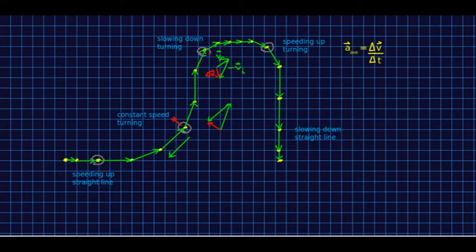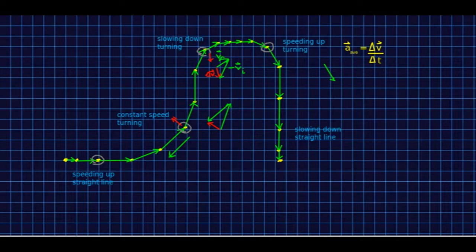So I'm going to draw that in, and it points inward, but it also points back. So you can think of this as that the part of this vector that's pointing inward is what's causing the curve in the path. And the part that's pointing back is what's causing the slowdown. So you can probably guess then what's going to happen over here where it's speeding up and turning. But let's see it. So I'm going to copy my vf, which is about like this.